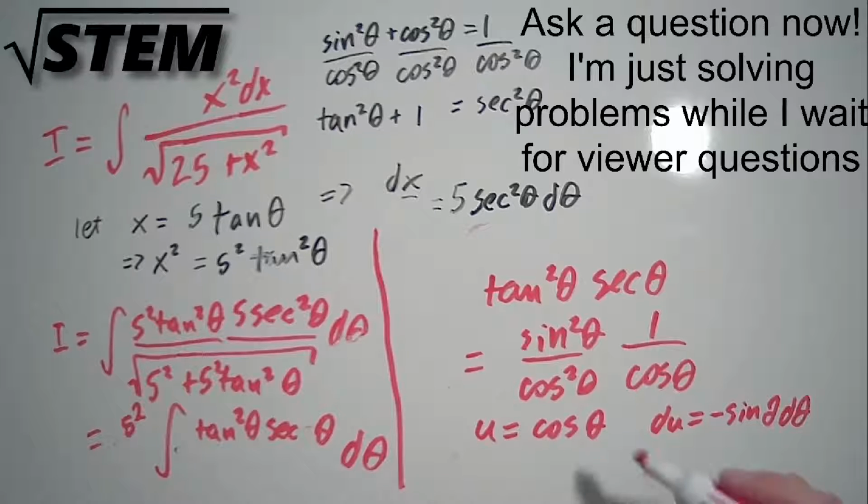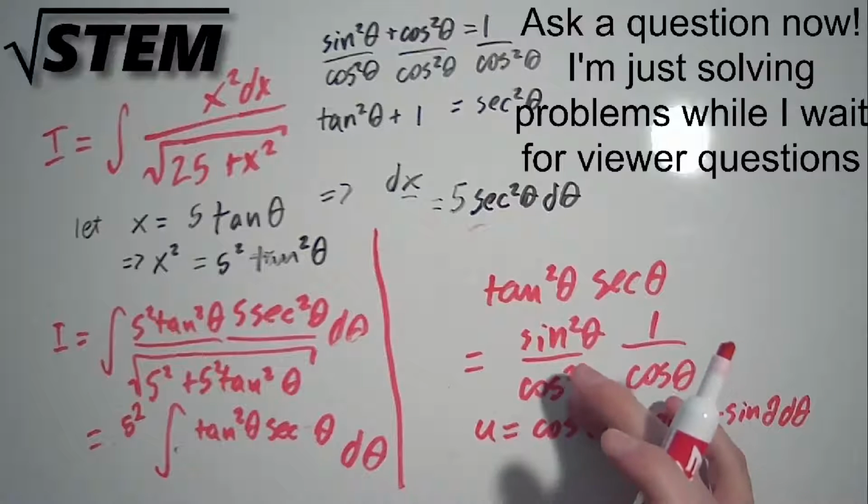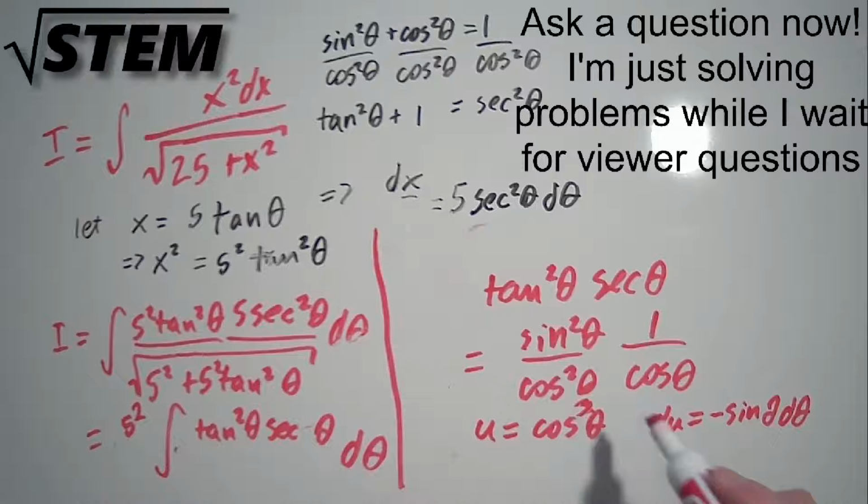What if u was cosine squared? No, what if u was cosine cubed? Then we would get 3 cosine squared. Oh yeah, we would still have the cosine squared in it. So I don't think that's really going to help us.